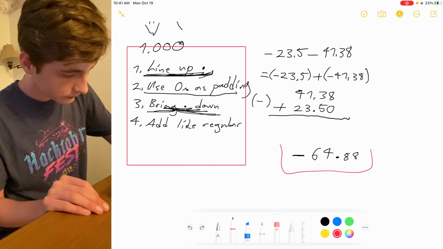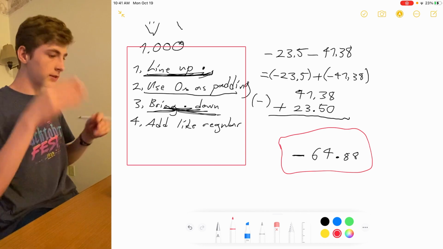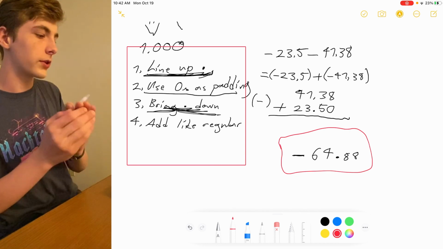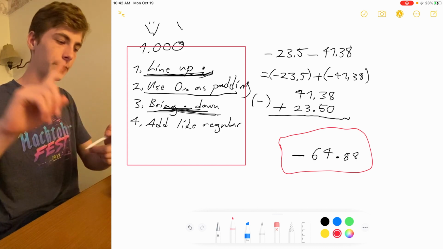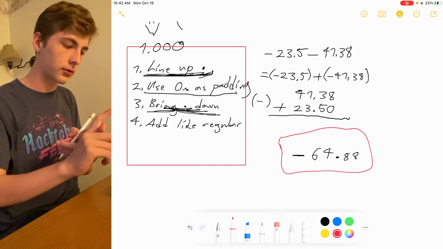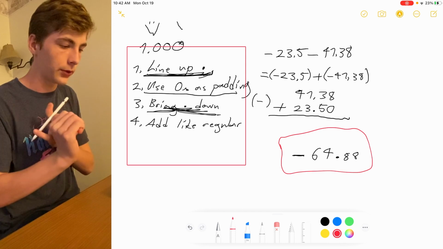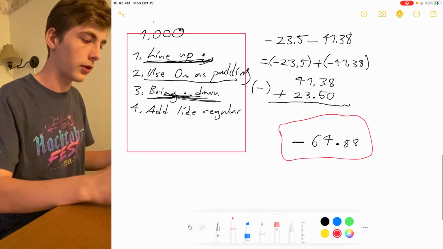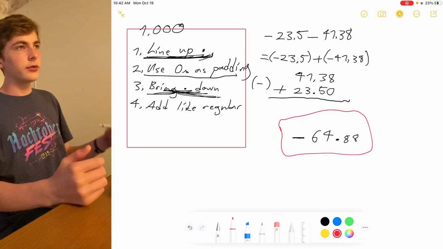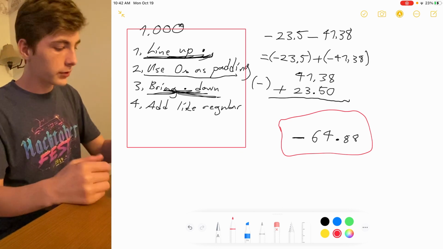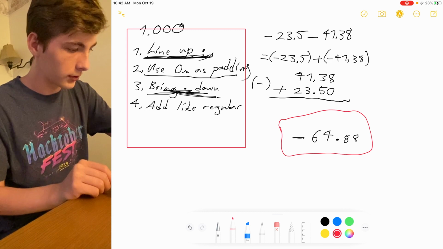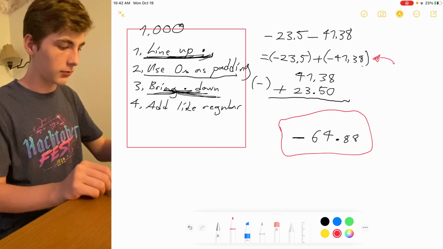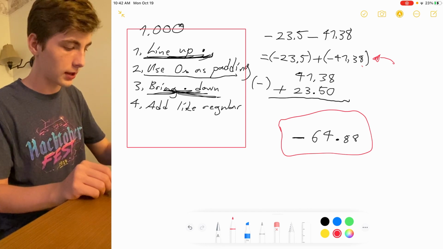And so it's pretty much the same as what you would normally do in this kind of addition. You just have to, first of all, line up the decimal point, use the zeros as padding, and then bring the decimal point down. Other than that, it works exactly like regular addition and subtraction with large numbers. I will say the most tricky part of this entire setup was the fact that we have these negative numbers and being subtracted and things like that.